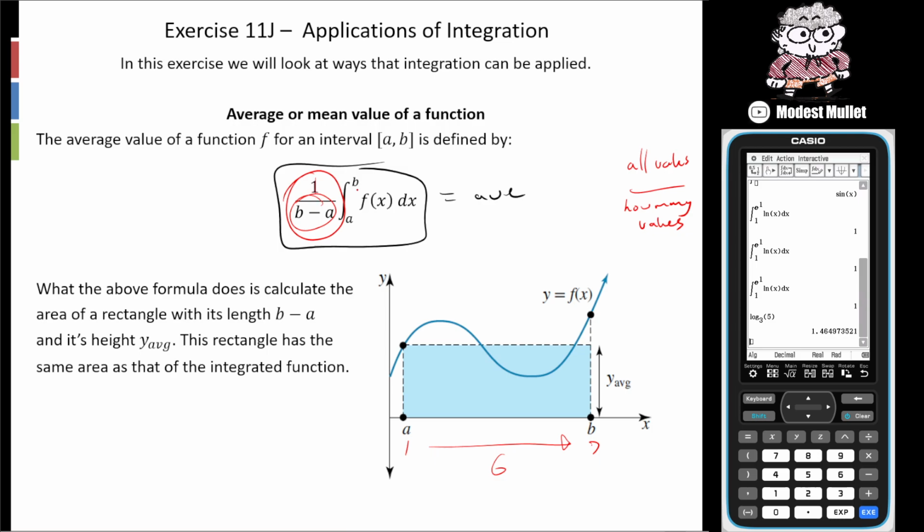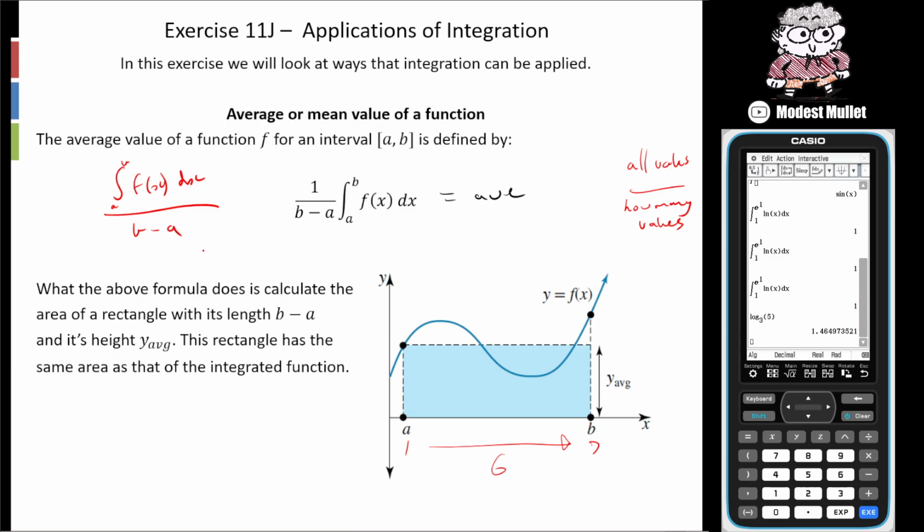So if we put 1 on b take away a out the front, the other way that might be a little bit easier to think of this rule is the integral from a to b of f of x with regards to x, divided by b take away a. That might make a little bit more sense when you see it that way. Technically the integration sums every single value, and if we want to find the average of them, we just have to divide by how many values there are, which in our case is b take away a, or 7 take away 1.